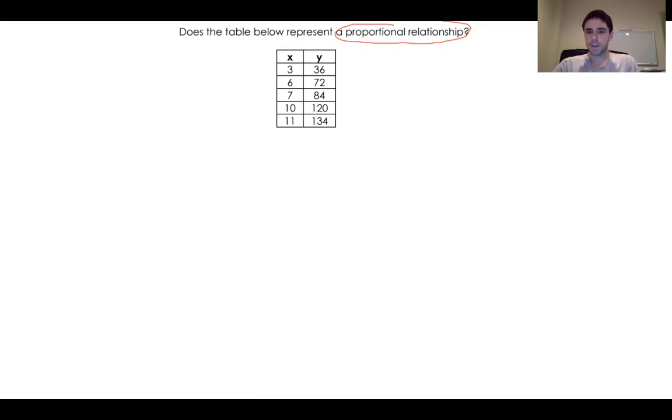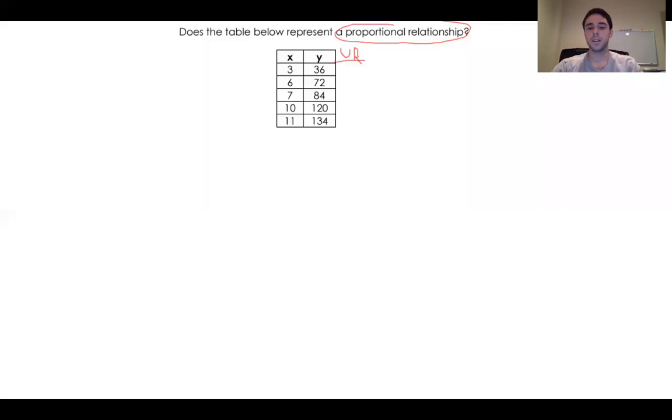Let's see, same concept of proportionality. Right, it's going to be a proportional relationship if it goes to the origin. Yes, that would be a requirement for it to be proportional. But in this case, we're going to look at our unit rates.